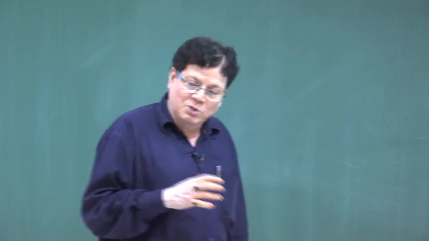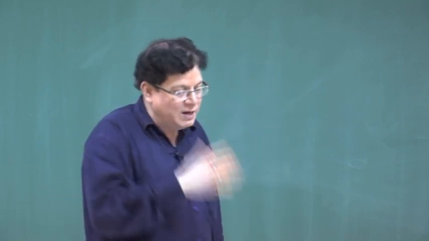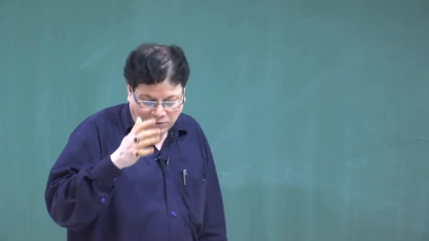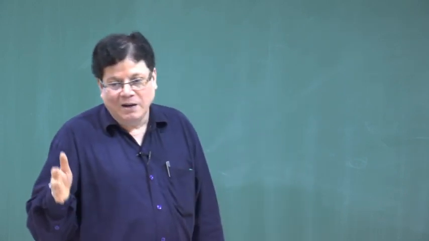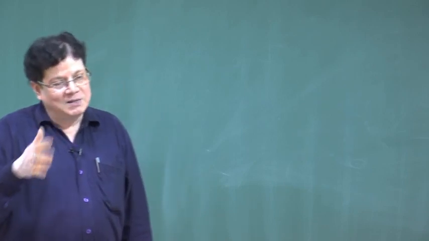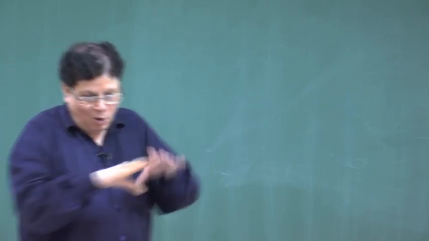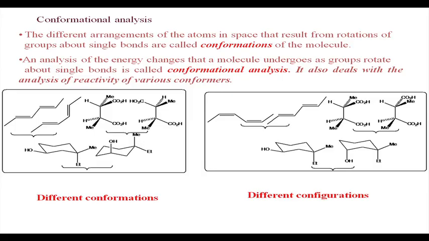Okay. That is also called conformation analysis. So it is not only energy as a function of dihedral angle, but also the reactivity as a function of dihedral angle. All these grouped together are what are called conformation analysis.